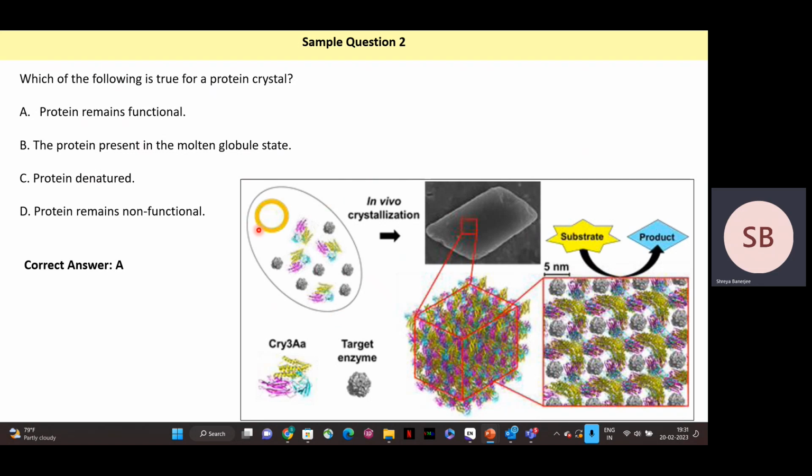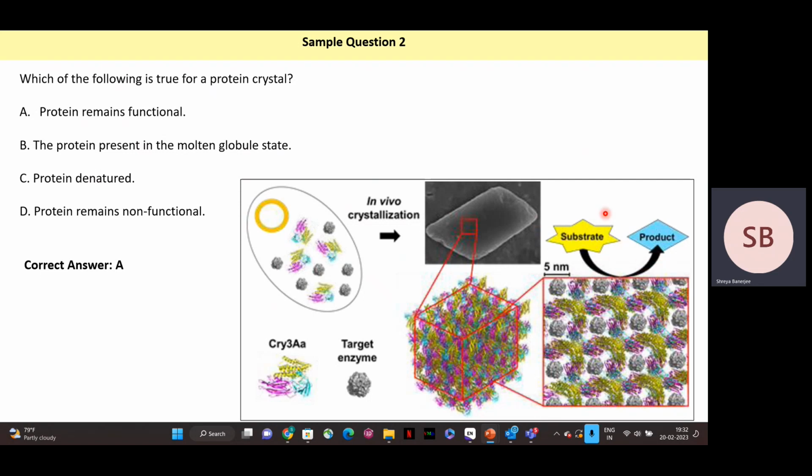If you look at this, this is showing a target enzyme, and this crystallization was done in vivo, that is within the cell itself. And from this crystal structure, it was observed that even while it is a crystal, it can catalyze the transformation of a substrate to a product.